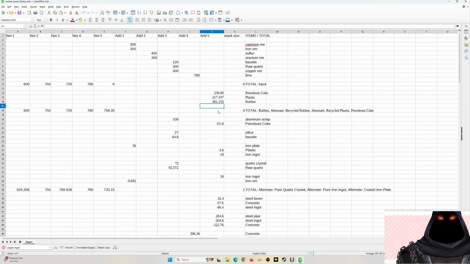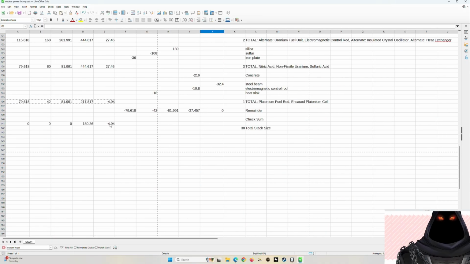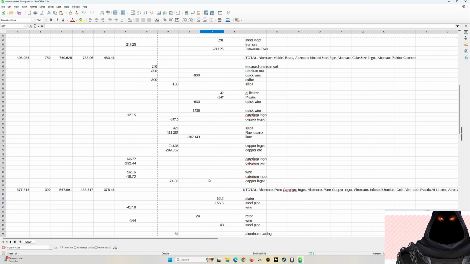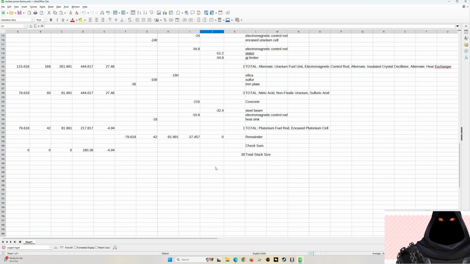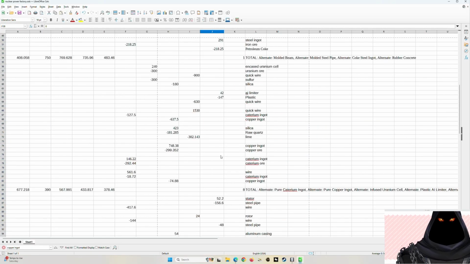All of these individual numbers are correct, but they are adding up to negative. And there's no remainder that we have to subtract from, so I don't know.